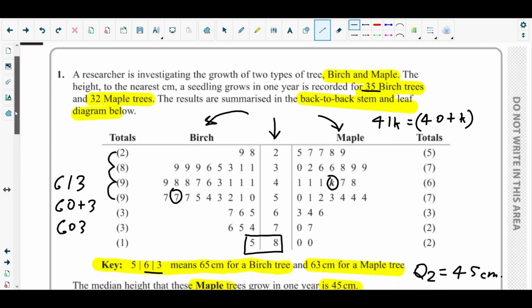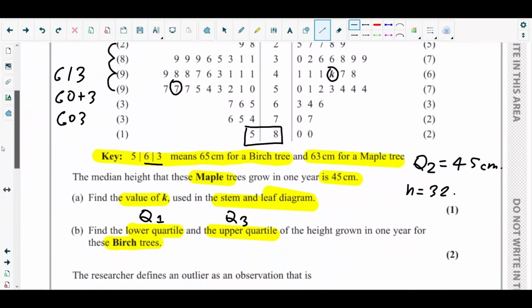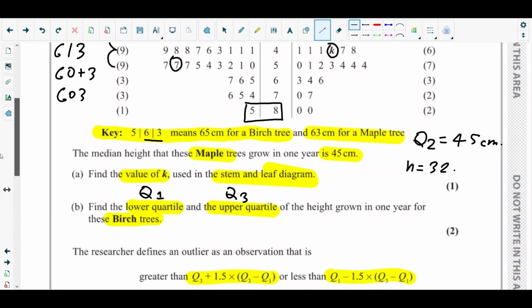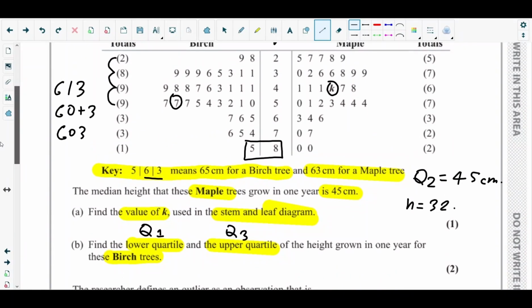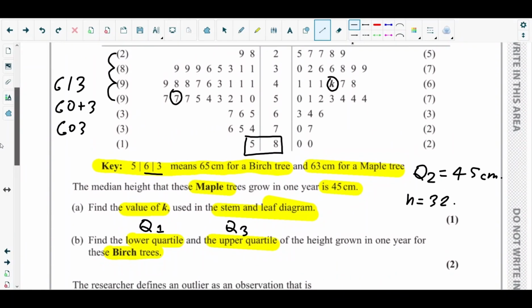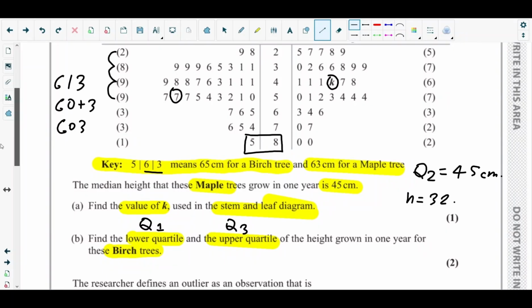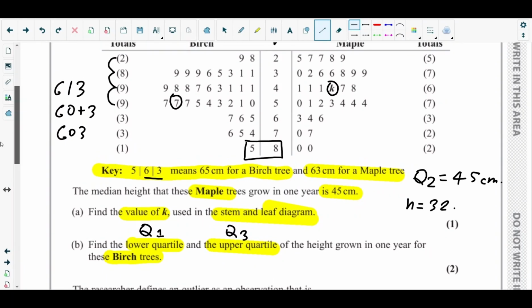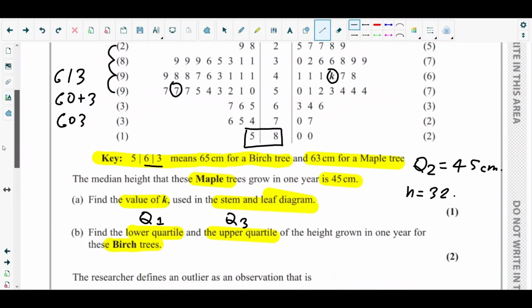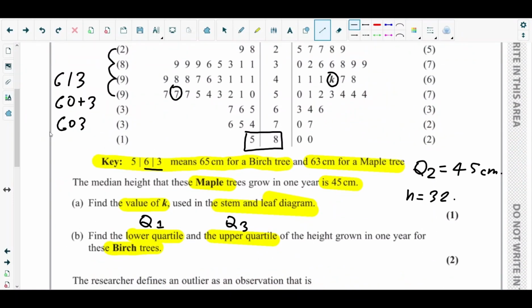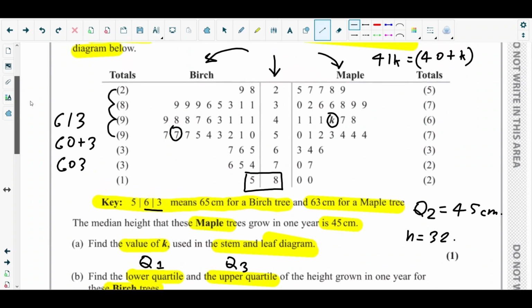Do we know the median? No, the median is unknown. So the median is the N over 2 term. N was 35, so 35 over 2 is 17.5, that is the 18th term. What's the 18th term here?